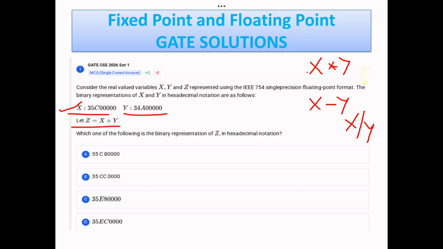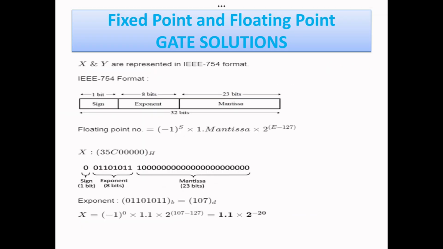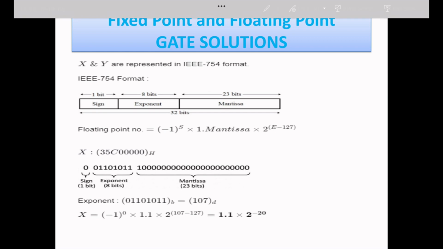So now next I explain everything. Now see here. What is the meaning of this? This is your formula: minus 1 to the power s into, using the mantissa, the implicit form 1.m into 2 to the power e minus bias.